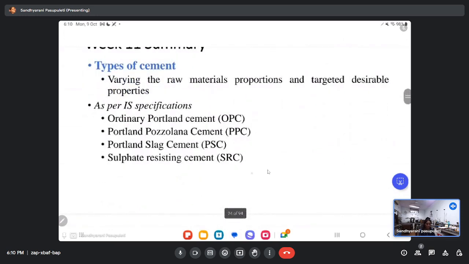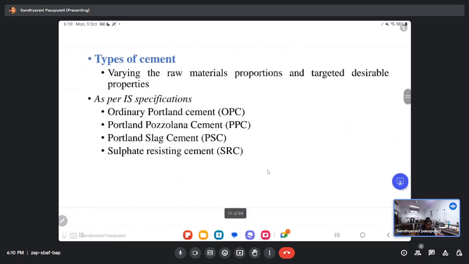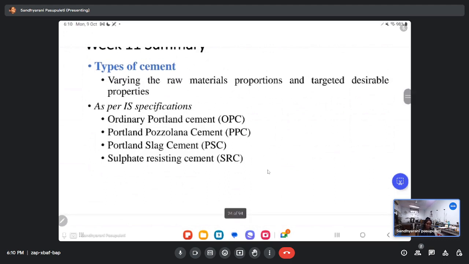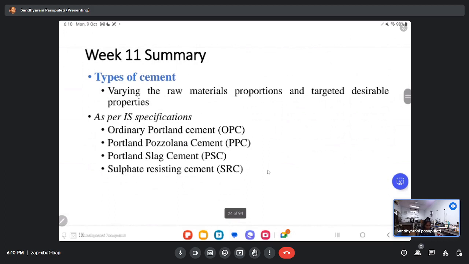As we have already understood the basic process of preparation of cement, we need calcium and silicate as the raw materials, and when these are subjected to high temperatures they form clinker, which is finely ground, added with gypsum, and we obtain the cement.